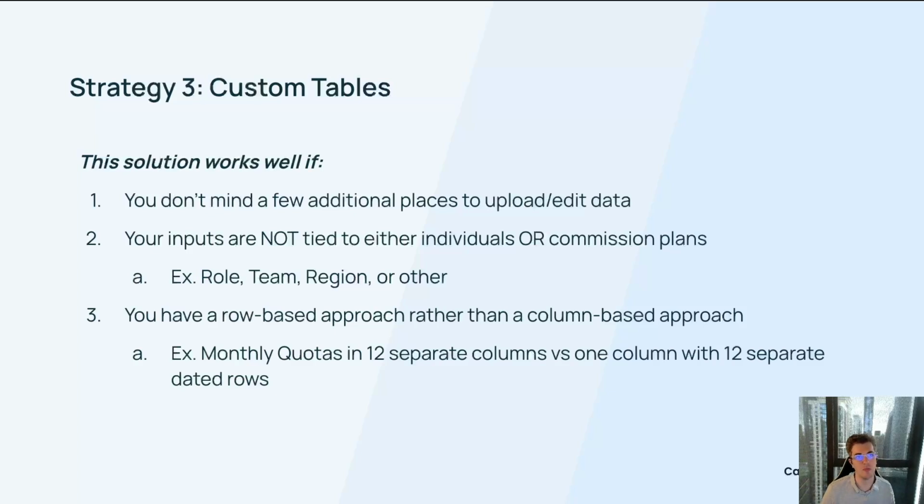Now, in the past, pre-global attributes, we would probably have had to manage this with 12 separate columns, one column for each month. And then we would have to have some crazy nested if statements inside of our plan that look up to the correct column based on the month. A row-based approach would be a single column with 12 separate rows for an individual that each are effective dated for the particular month that they apply to.